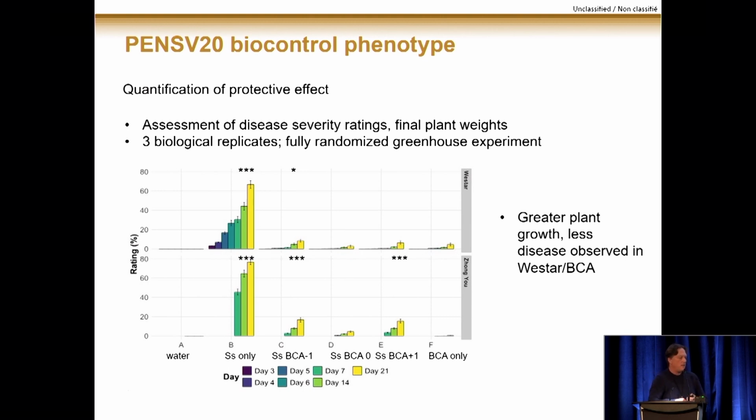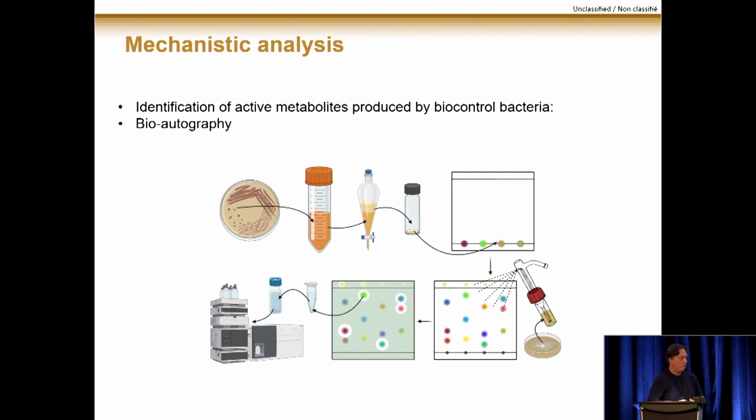And you can see that, amassing these 3 biological replicates together, the plants sprayed with pathogen only were obviously different from the water control, but many of the biocontrol strain treated regimens were actually not distinguishable from the control. We also observed greater plant growth and less disease in Westar compared to Zhongyu.